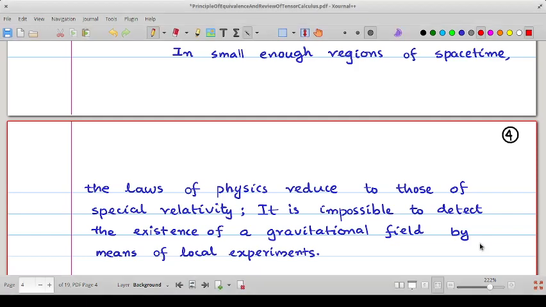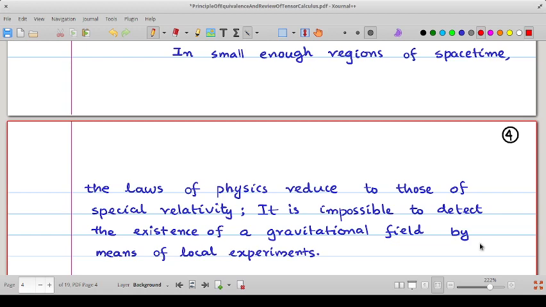However, an inertial coordinate system constructed in this way is valid only in an infinitesimally small region of space-time around that particular point. If we move away from this point, then we would see that the acceleration due to gravity at other points will be different, and therefore the coordinate system that we used will look like a curved coordinate system.